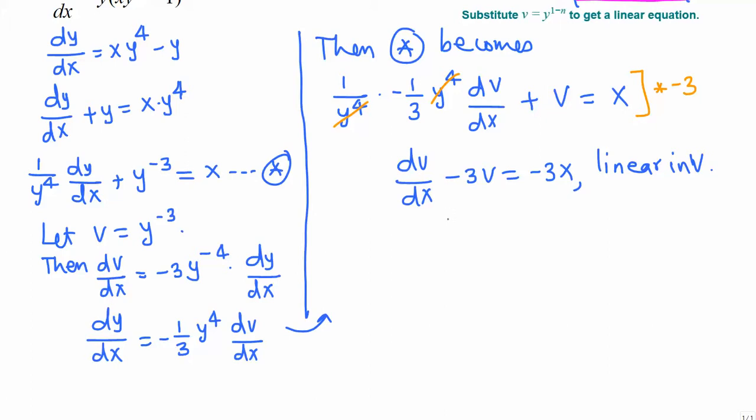And we've seen how to solve linear equations. Linear in v, so we find the integrating factor mu of x, that's e raised to the integral of negative 3 dx, the coefficient of v, so e to the negative 3x. Now we multiply this linear equation, call it double star, by the integrating factor.